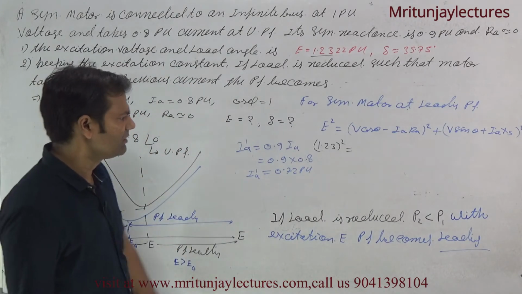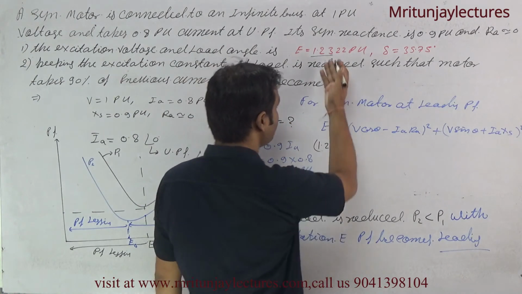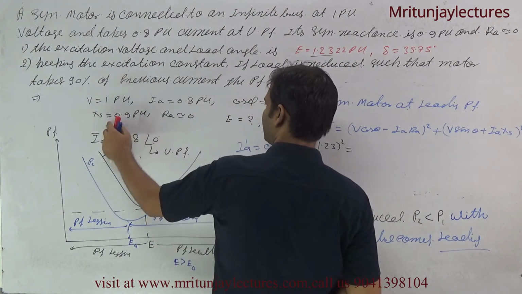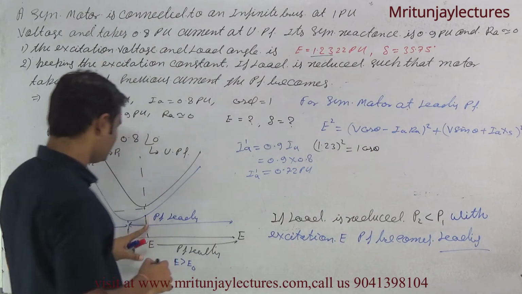Okay, this one, why? Because it's the square of this one, that's why. Otherwise we would have taken the corresponding one. Now V1 and cos theta. What about cos theta? I don't know.